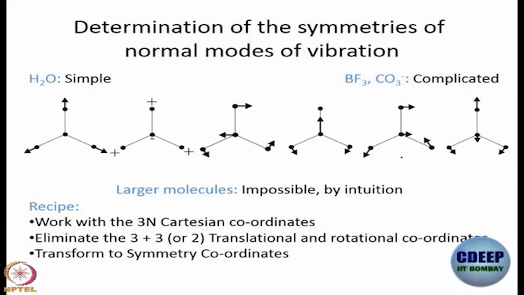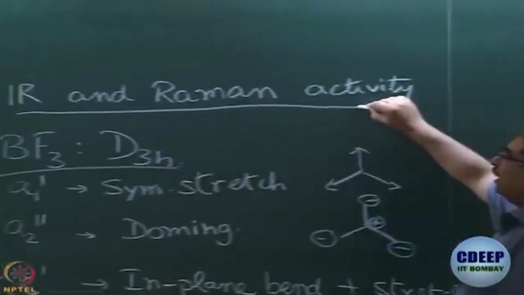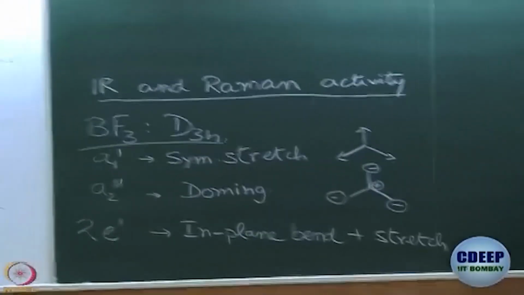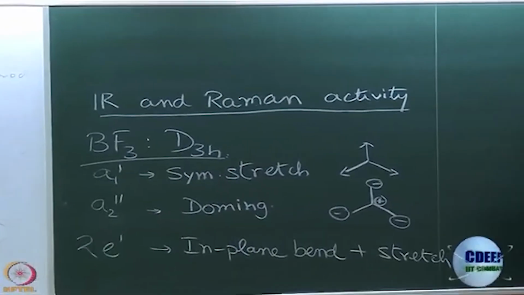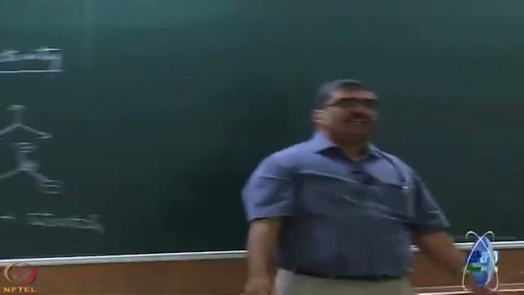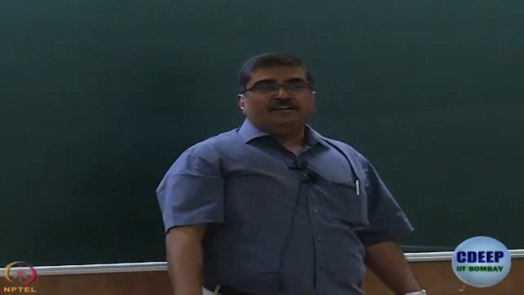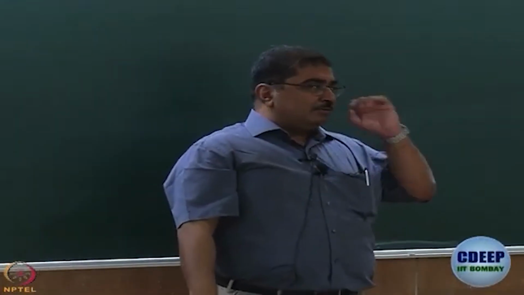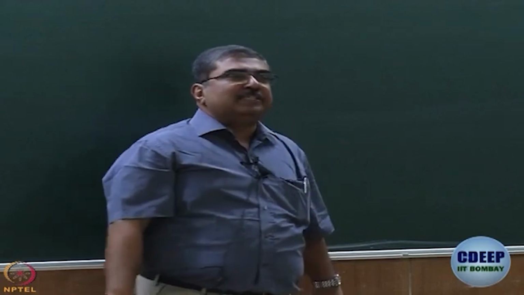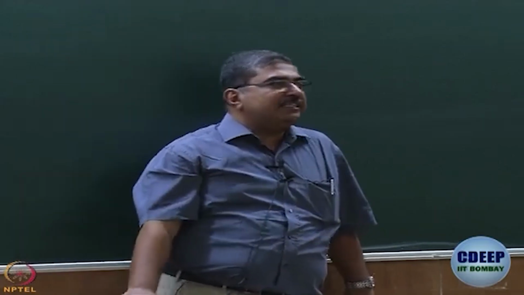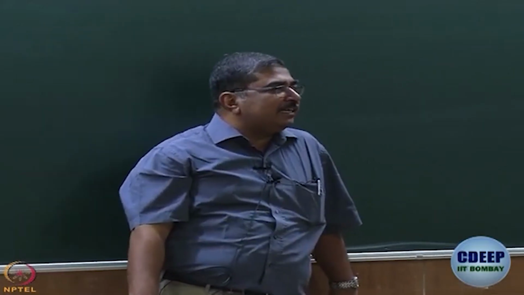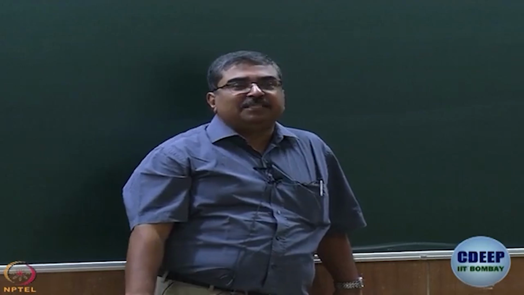Okay. But from there we will embark upon another discussion, and that discussion is which of these normal modes are IR active, and which of these normal modes are Raman active. Of course, as we know, in order to say whether a transition is IR active or Raman active, or whether a transition takes place or not, the condition that we have established in this course is that the transition moment integral must be non-zero, right?